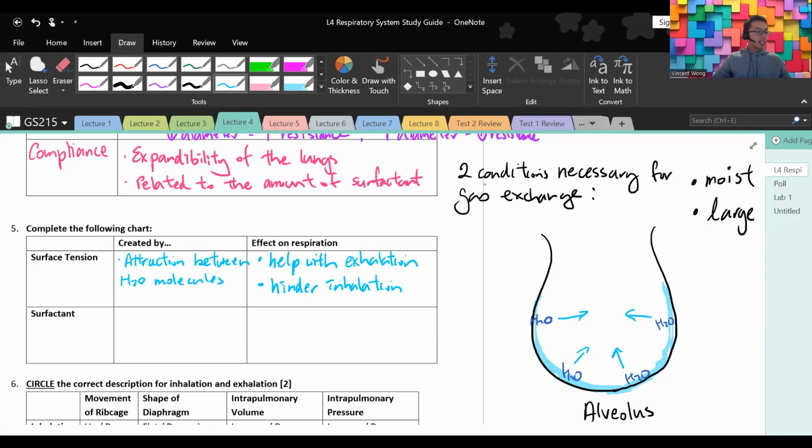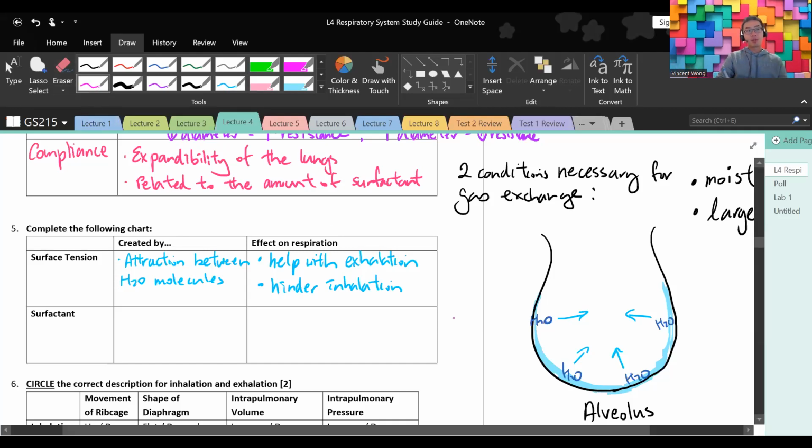And I mean, you don't have to take science to know water and what else don't mix together. Yeah, oil, right? Exactly. So earlier we mentioned something about the septal cells, and they will create an oily substance called surfactant. Okay, so created by septal cells in the alveoli.